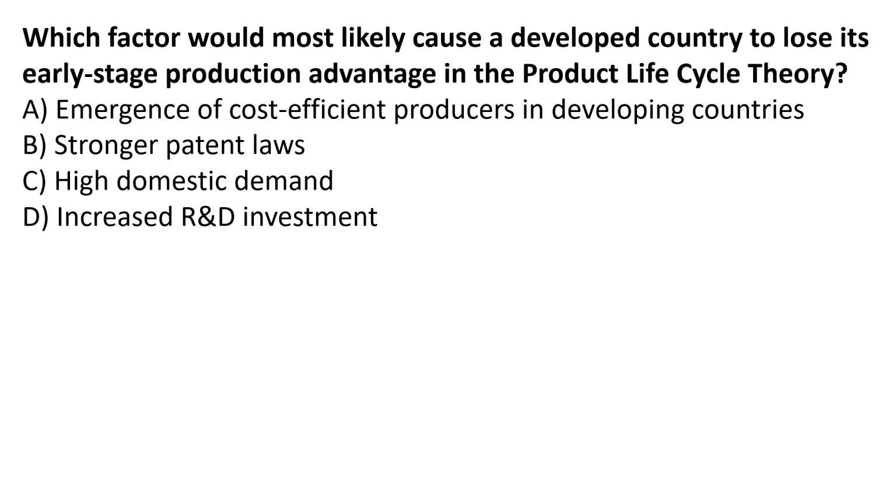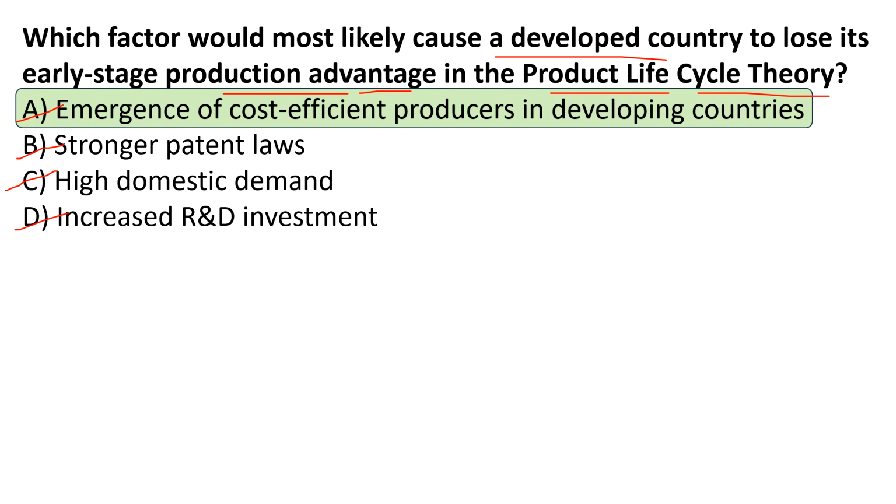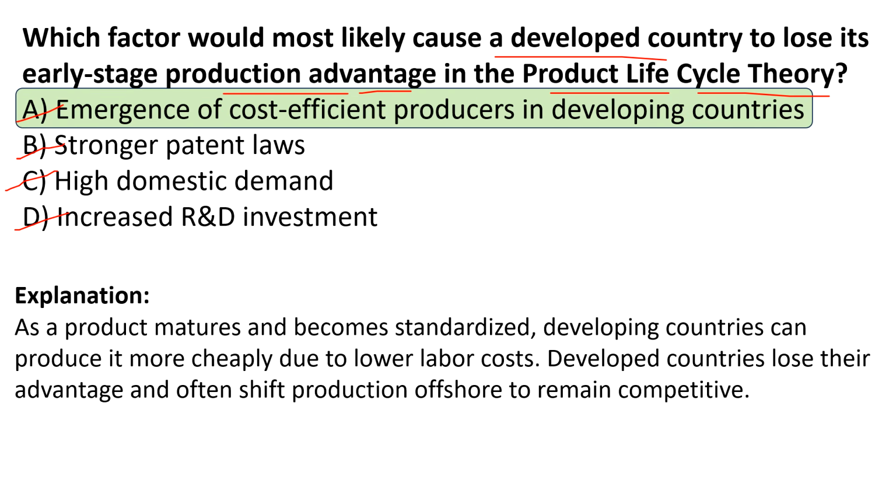Which factor would most likely cause a developed country to lose its early-stage production advantage in product life cycle theory? Emergence of cost-efficient producers in developing countries, stronger patent laws, high domestic demand, or increased research and development investment. So that is emergence of cost-efficient producers in developing countries, right?